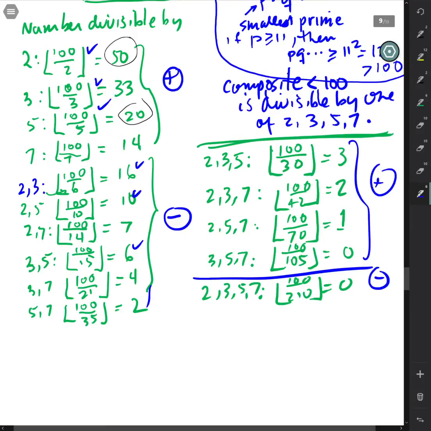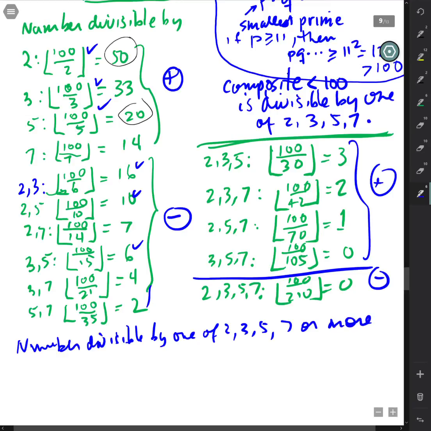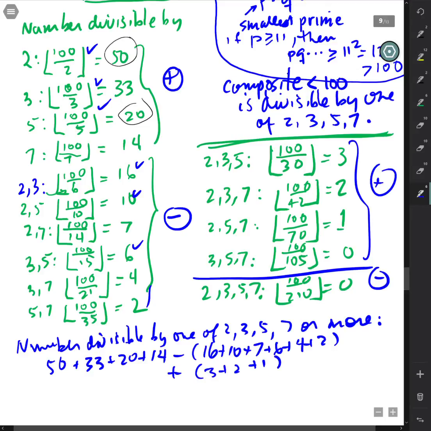So the number divisible by 1 of 2, 3, 5, 7, or more would be 50 plus 33 plus 20 plus 14 minus 16 plus 10 plus 7 plus 6 plus 4 plus 2 plus 3 plus 2 plus 1, and that turns out to be, let's see, what do we get right here?